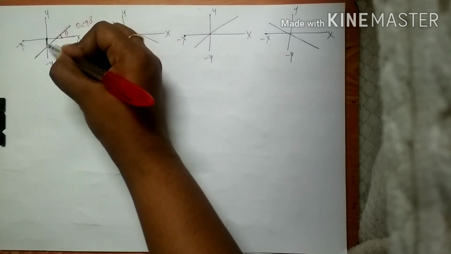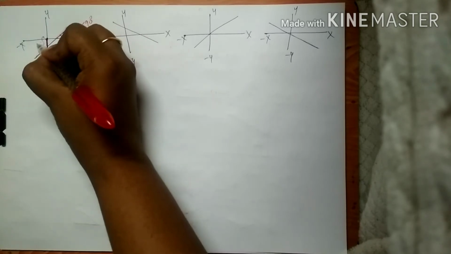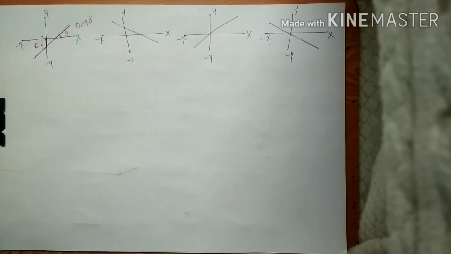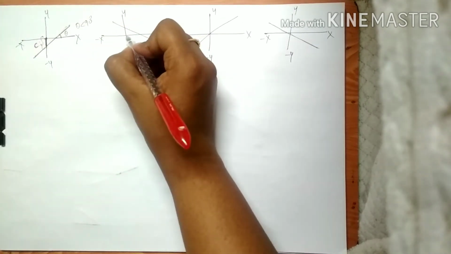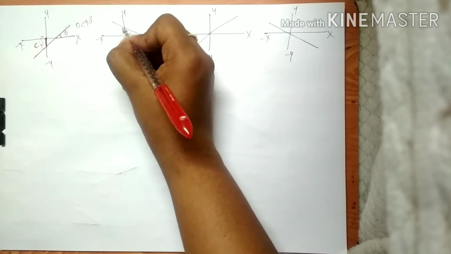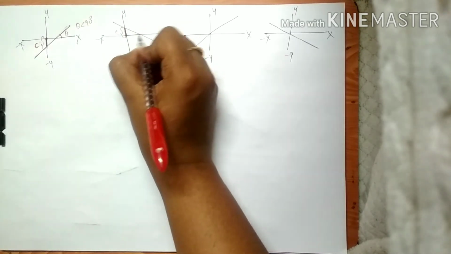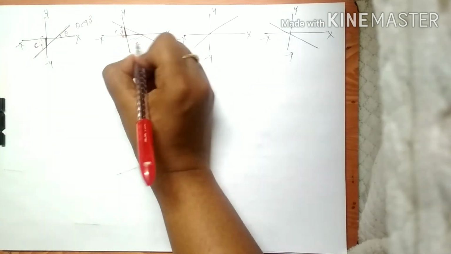Here the line is cutting the axis here, so from origin till here, this will be your C or your intercept. Similarly in this case, see, from origin move to this direction where the line is cutting. This could be your intercept, also this could be your intercept. Both are intercepts. This is along the y-axis and this is the intercept along the x-axis.